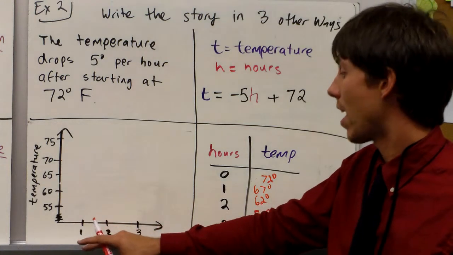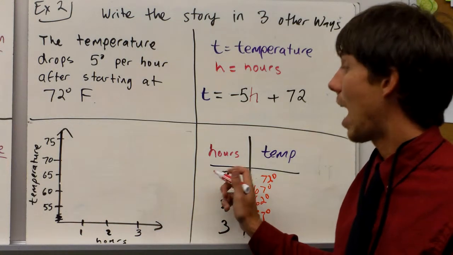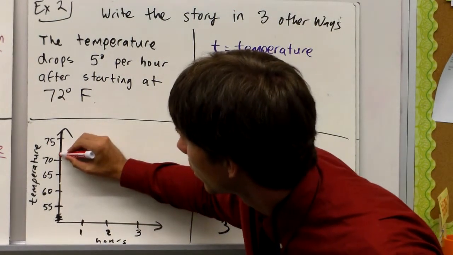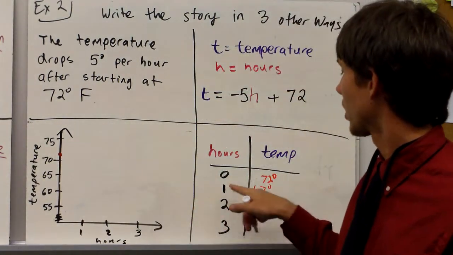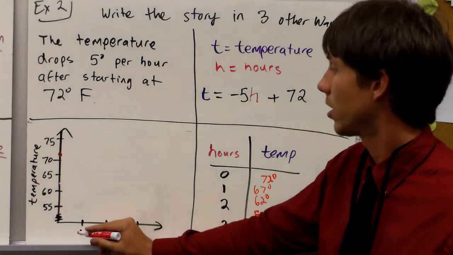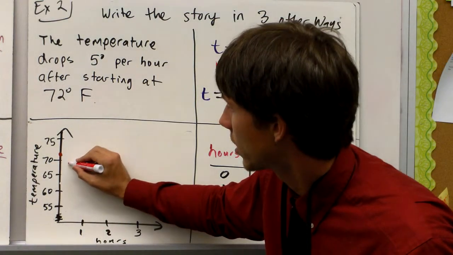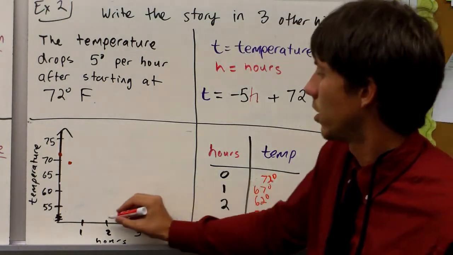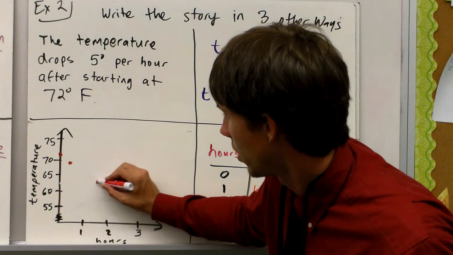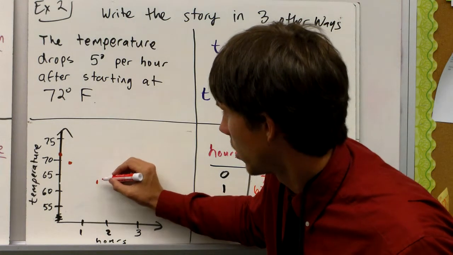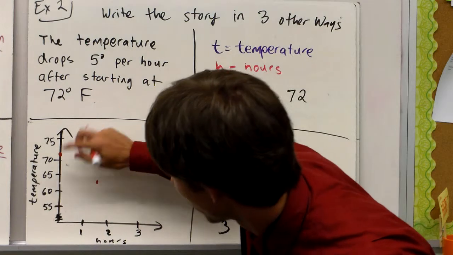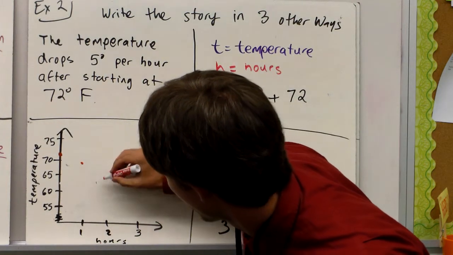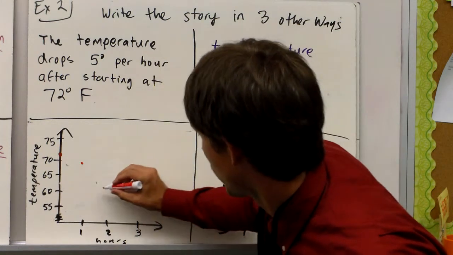So to take this to the graph, we would say that after 0 hours, the temperature is 72 degrees. After 1 hour, the temperature is 67 degrees. After 2 hours, the temperature is 62 degrees. Let's see, 2 and 62.